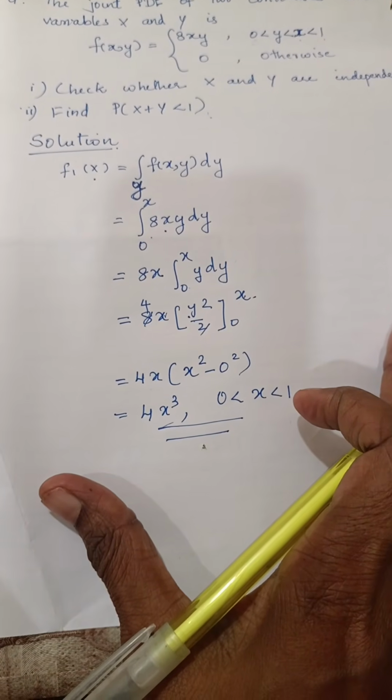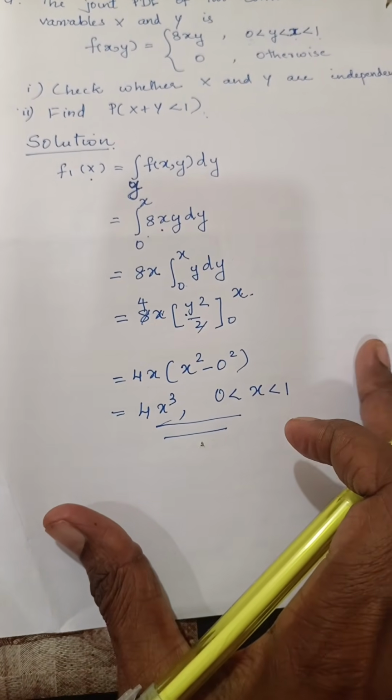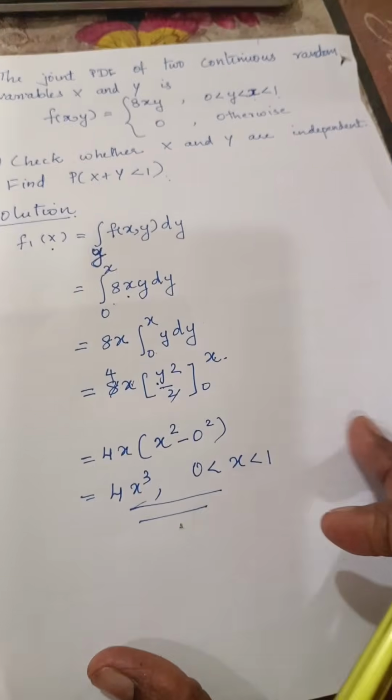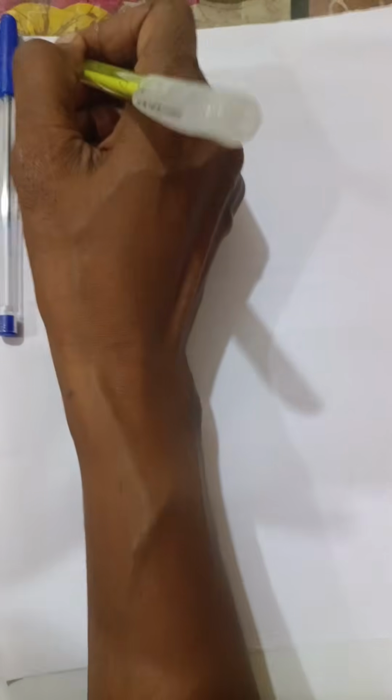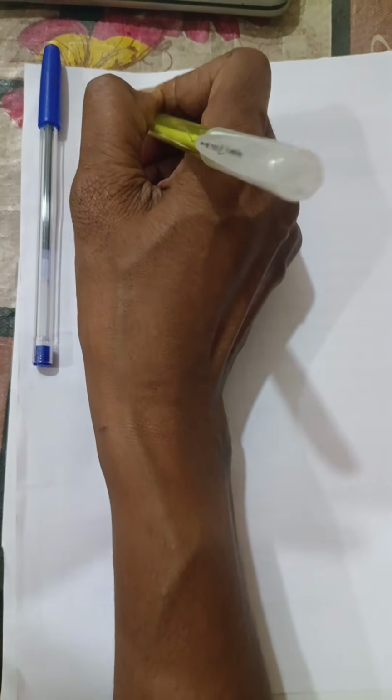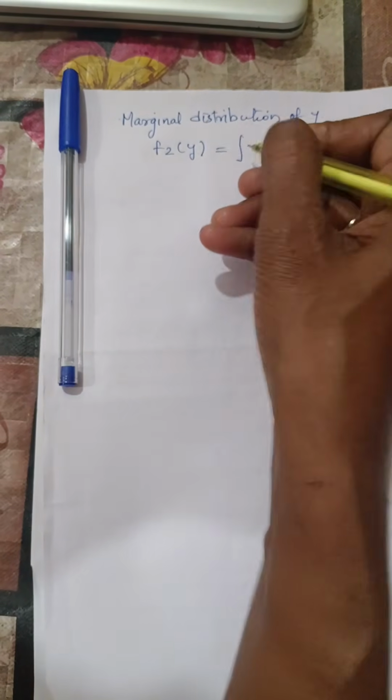In a similar way, we can find the marginal distribution of y. The marginal distribution of y is denoted as f2y, which is equal to the integral of f of xy with respect to x.